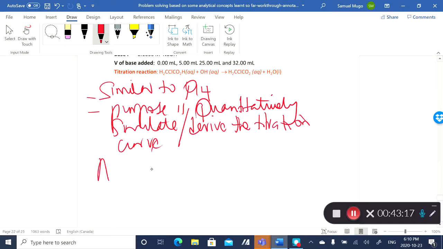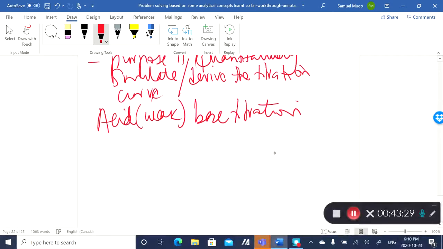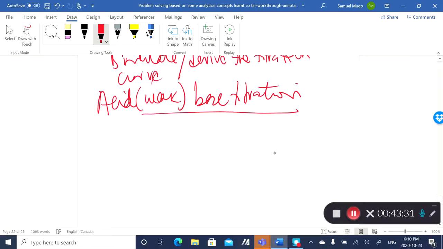So you can see it's a weak acid-strong base titration. Of course, we all know the purpose of the titration is to determine quantitatively the unknown, and that's the weak acid. Sometimes we symbolize weak acids when they are monoprotic, meaning I've got only one hydrolyzable proton, as HA, where H is the one hydrolyzable proton and A is the conjugate base.